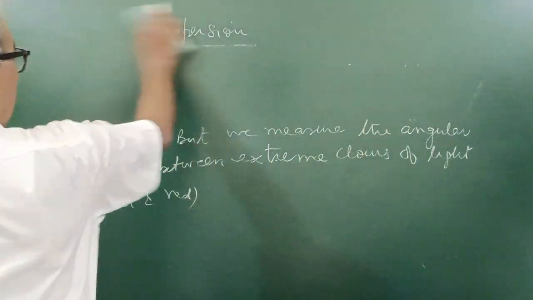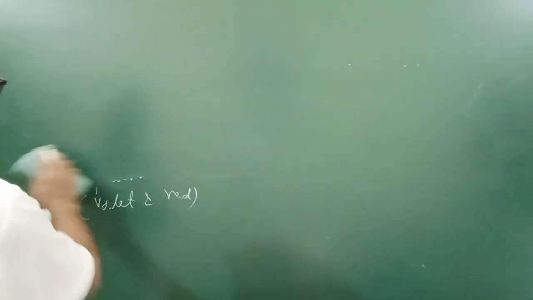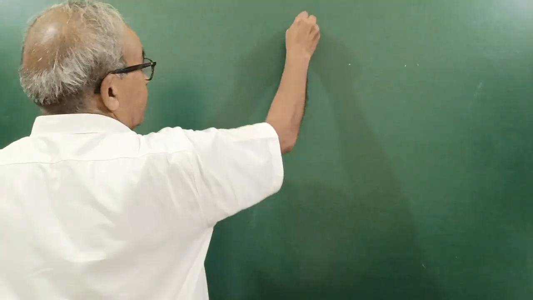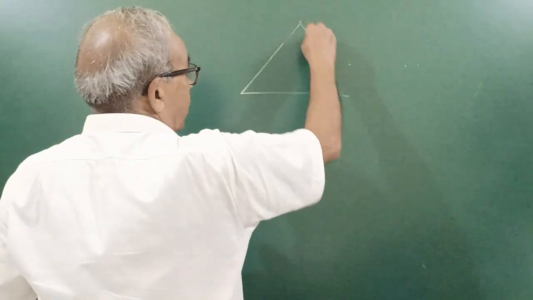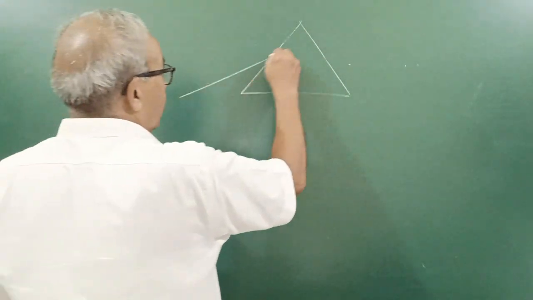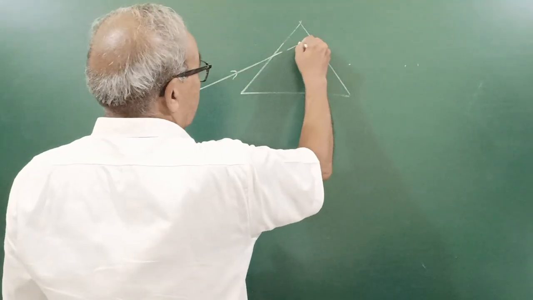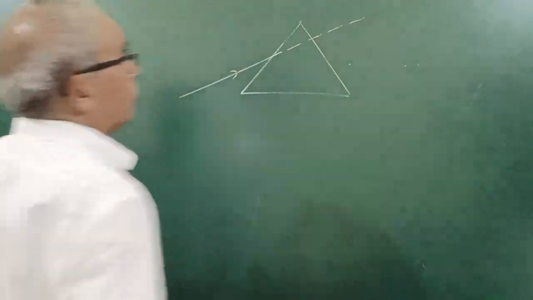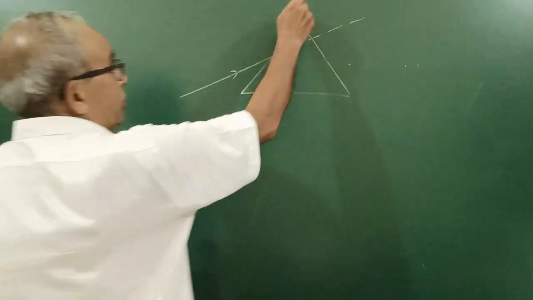So here, if it is a prism, here it is a white beam of light. It would have gone straight if the prism had not been there.